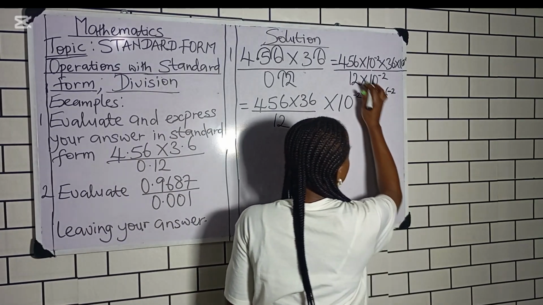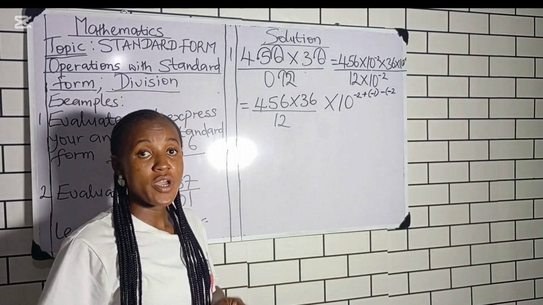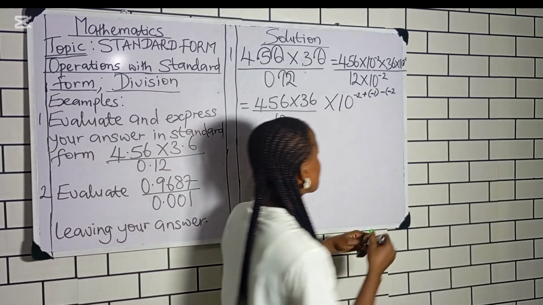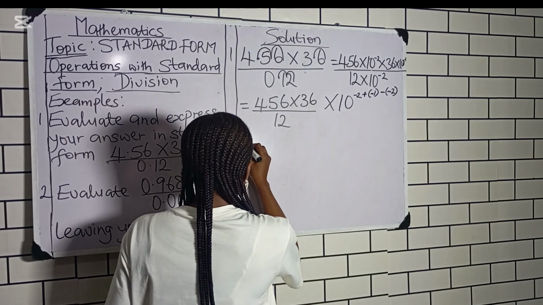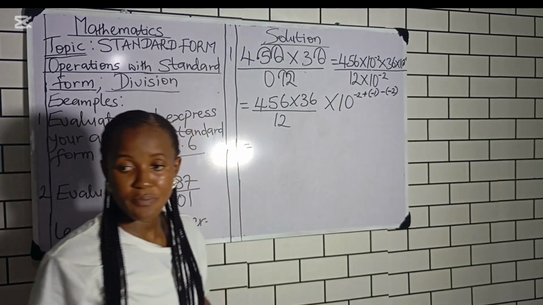It is minus because it is division. Remember, one of the laws of indices: when you have a division sign and the bases are the same, you subtract their powers. That's what I did here. Now we multiply out 456 times 36 divided by 12.